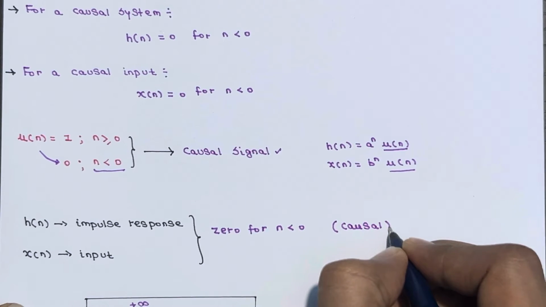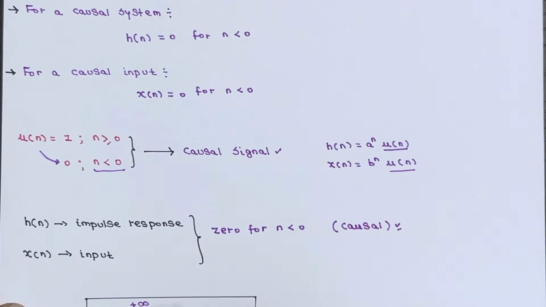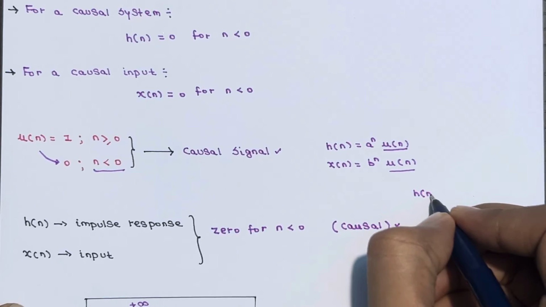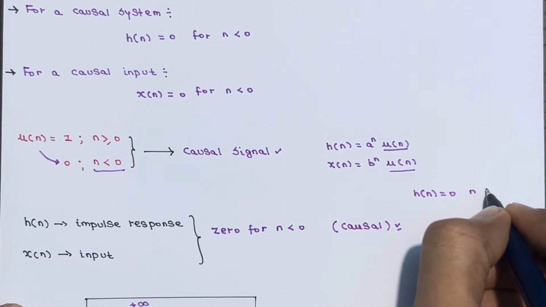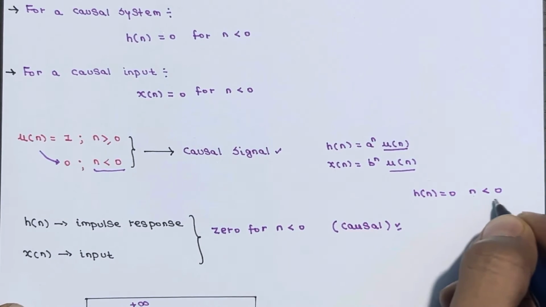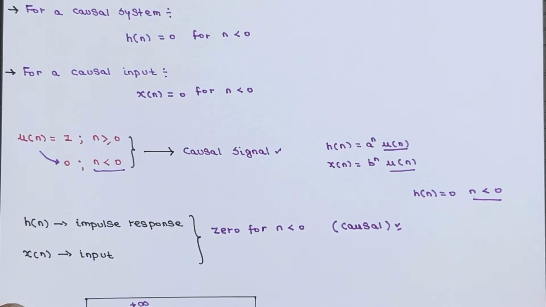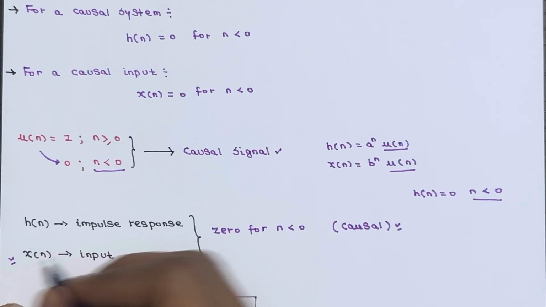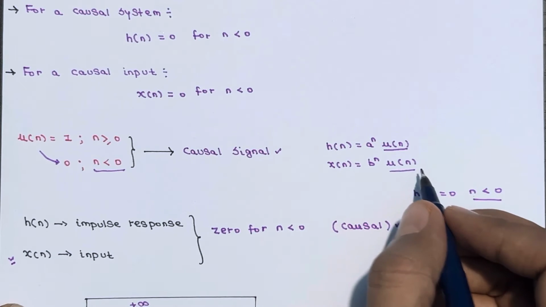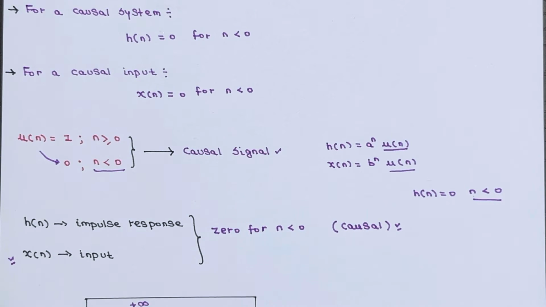Clear? And if h of n is 0 for n smaller than 0, it means we are talking about a causal system, and here the input itself is causal because the input contains u of n. Fine.